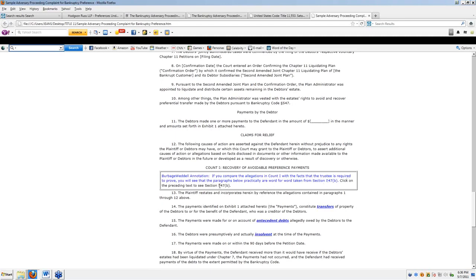So we're going to click on 547(b), over to the right a little bit, on the section.